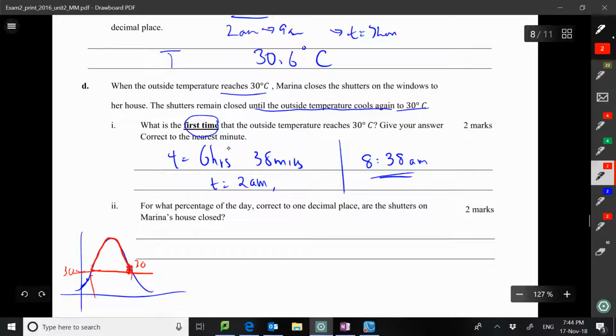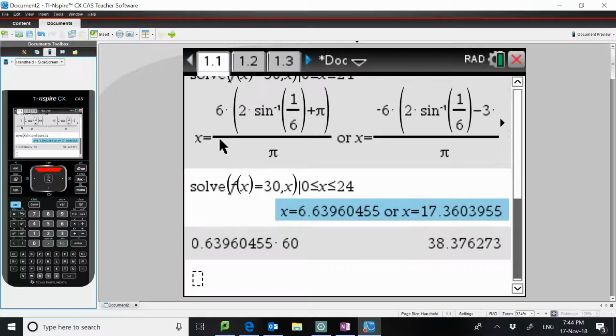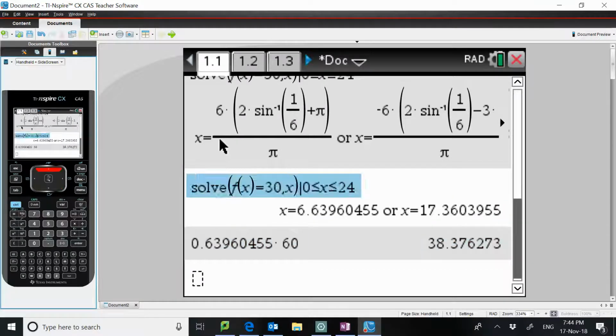So this is the time frame in which they were closed. I found out it was 6.6 something, and there was another answer. If it's out of 24 hours, I just need to know how long it was from 6 point something to the next number of hours. So let's have a look. It was between 17.36, so I'm going to write it here.